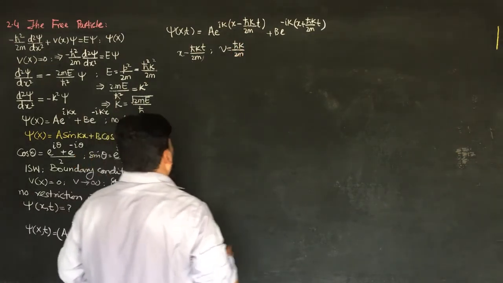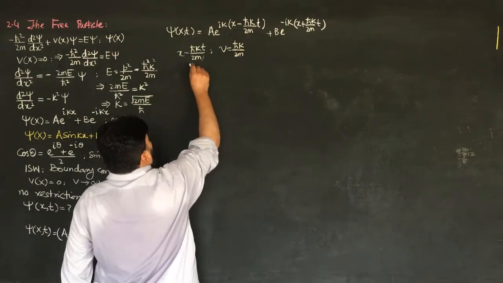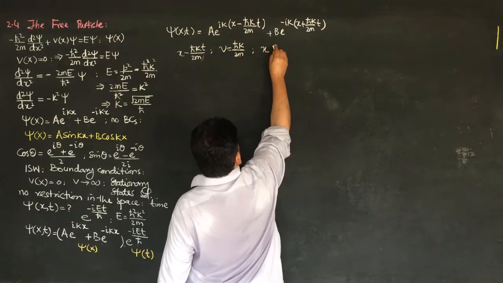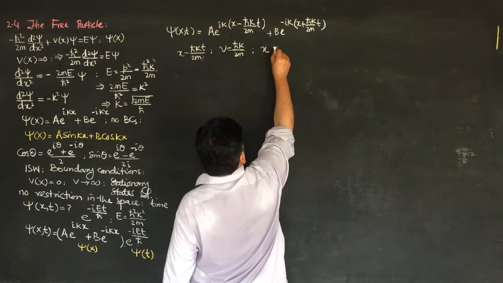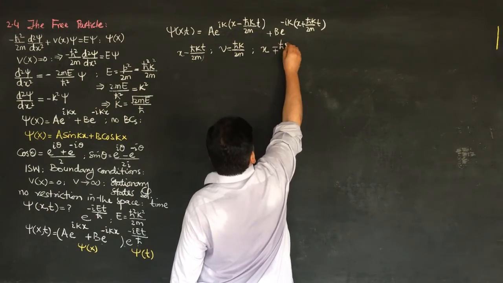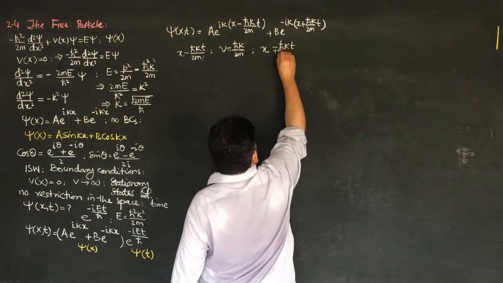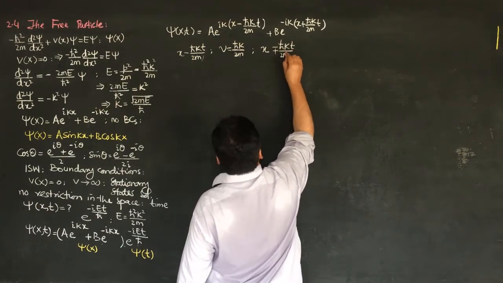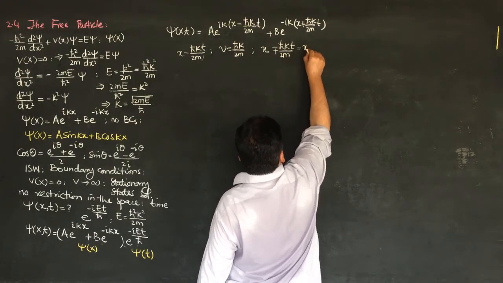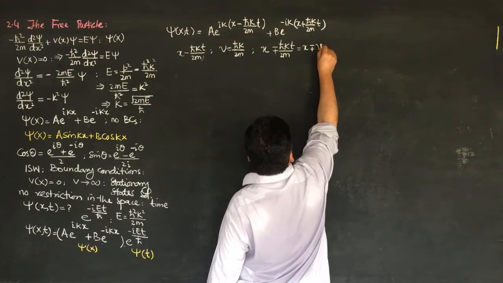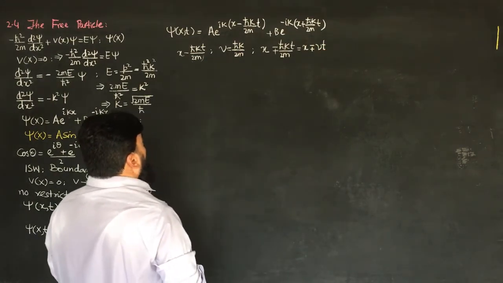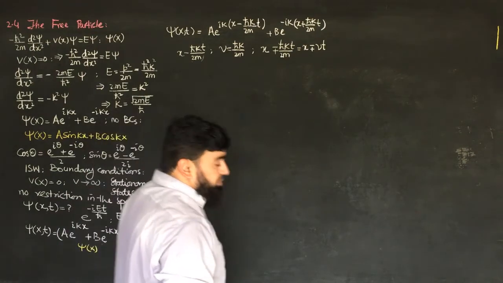So I can write that this is x plus-minus h bar k t over 2m. This is equal to x minus-plus vt, where v is the velocity of this wave.